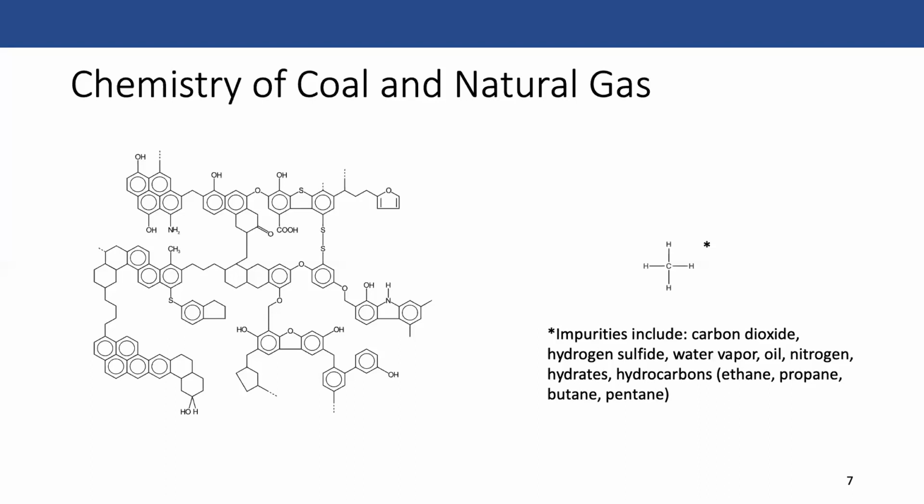All of these things will be included in the extraction process, and natural gas will definitely get refined and processed, but it won't get to 100% purity. So you're always going to have some kind of side products when you combust natural gas, similar to what you would get in coal. And we'll discuss some of those emissions later on in this lecture.